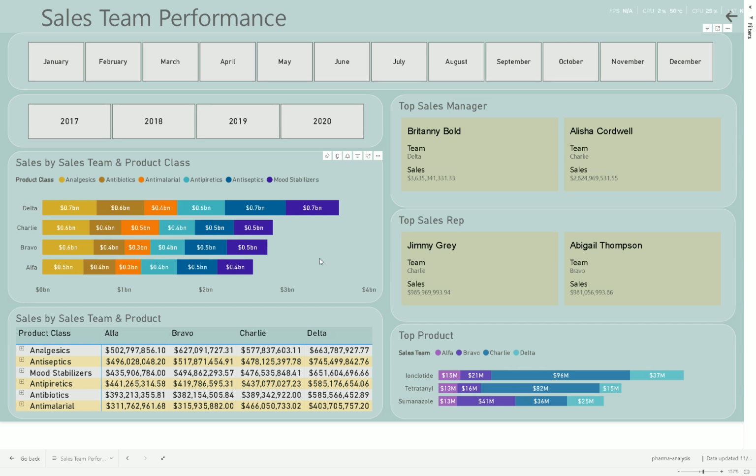Among sales teams, Delta and Charlie are the highest performers, whereas the distributor dependency is high, offering both opportunity and risk. This analysis helps guide strategic decisions in marketing, distribution planning, inventory management, and team performance optimization.